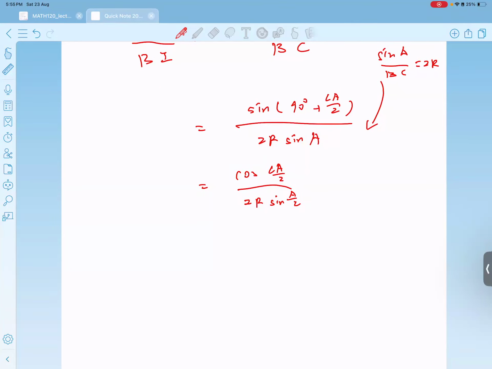So BI will be r over sine B over 2. And then when you rearrange, you have sine C over 2, sine B over 2, sine A over 2. So you multiply this and you multiply the r.